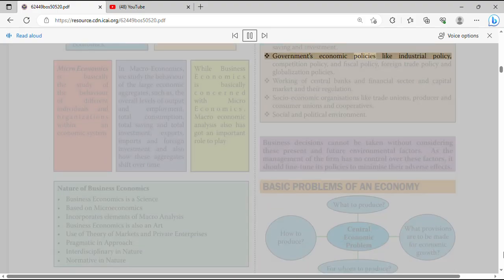Government's economic policies like industrial policy, competition policy, fiscal policy, foreign trade policy and globalization policies. Working of central banks and financial sector and capital market and their regulation. Socio-economic organizations like trade unions, producer and consumer unions and cooperatives. Social and political environment.